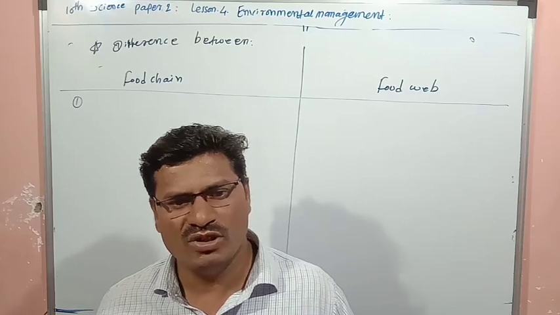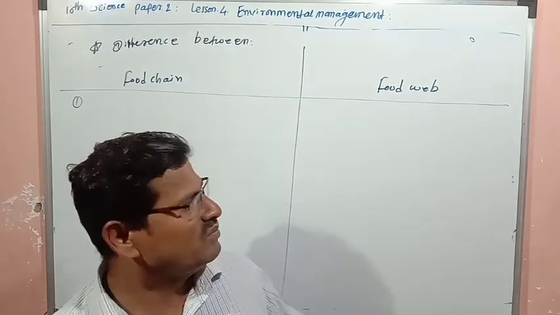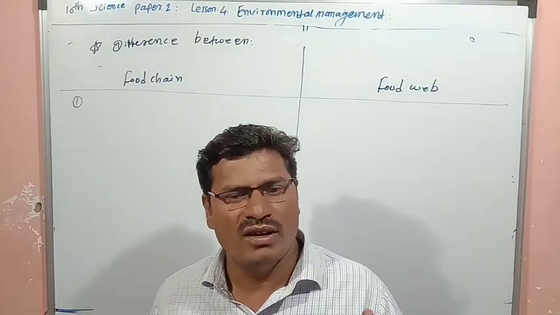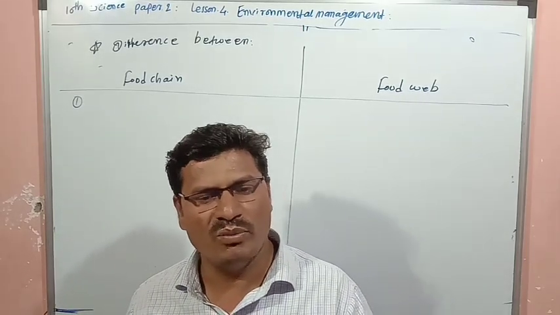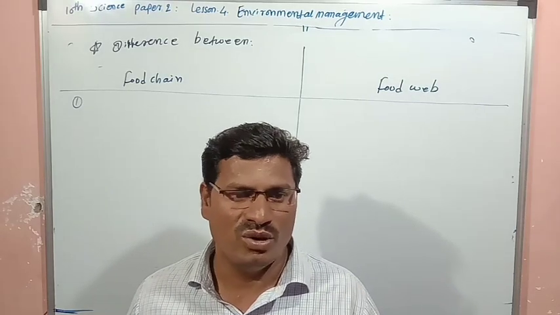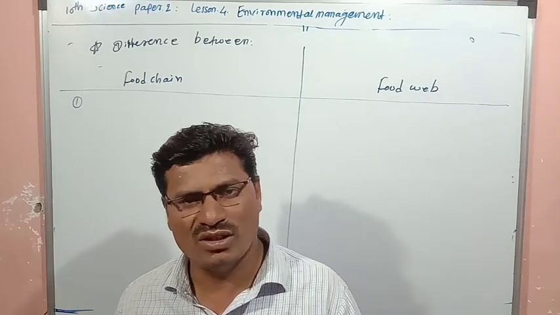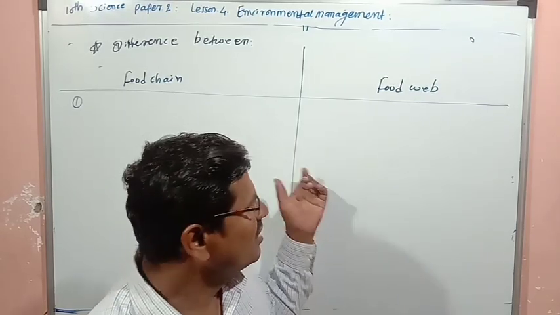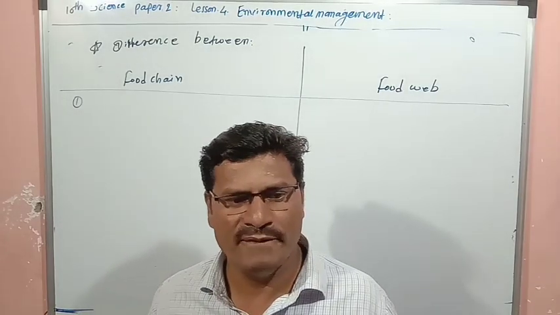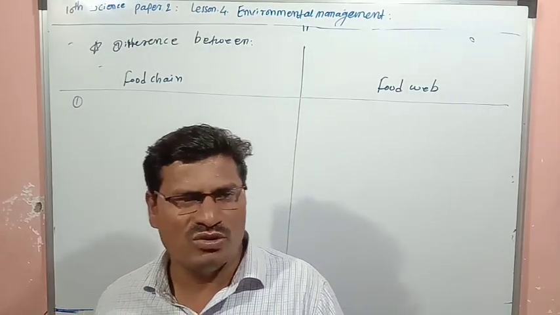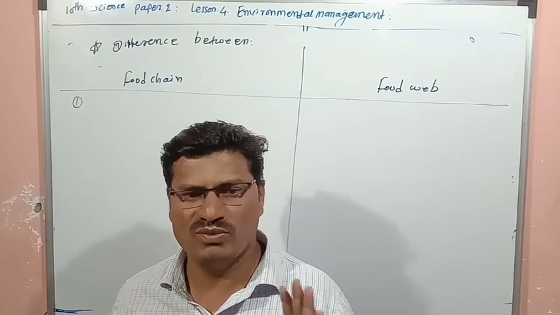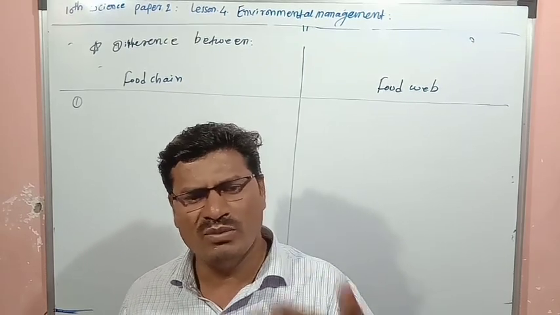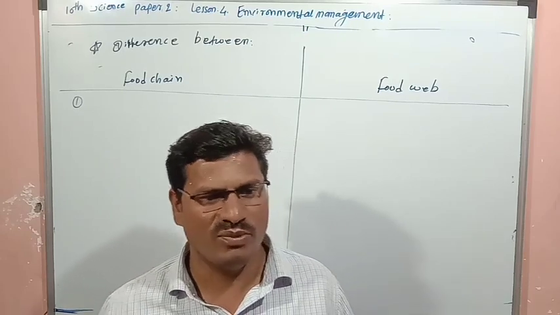And in case of the food web, higher trophic level organisms feed upon many kinds of lower trophic level organisms. Third point: in the food chain there may be 4 to 6 trophic levels, and in the food web there may be a number of trophic levels.